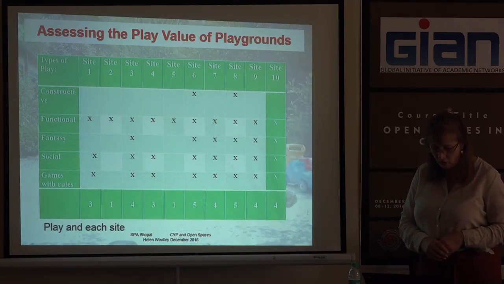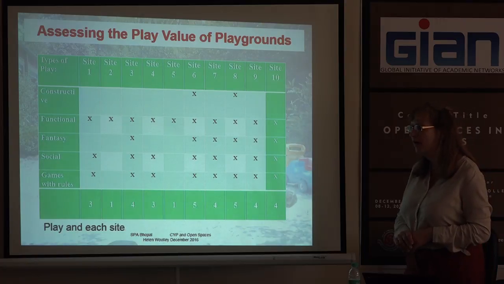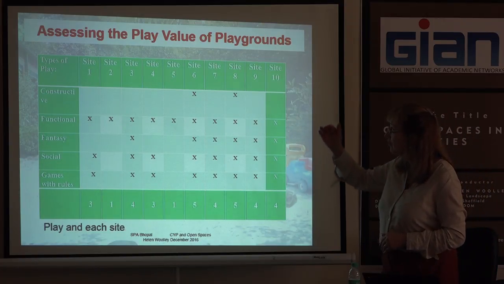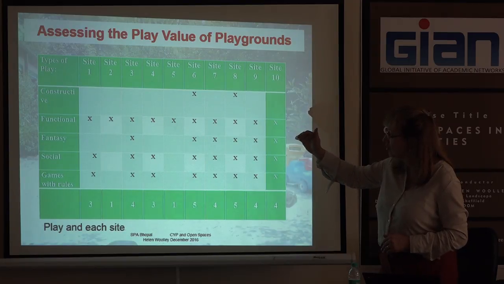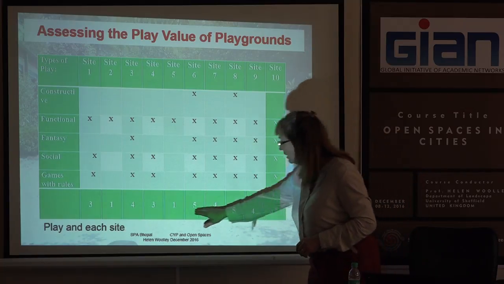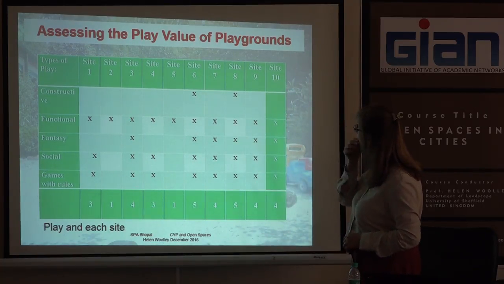So 10 sites, and scored them for the number of types of play that we thought they offered by what the landscape was there. So the constructive, functional, fantasy, social, and games with rules. And you can see a couple of them scored 5 for both. Some scored 1, and others were 3 and 4.